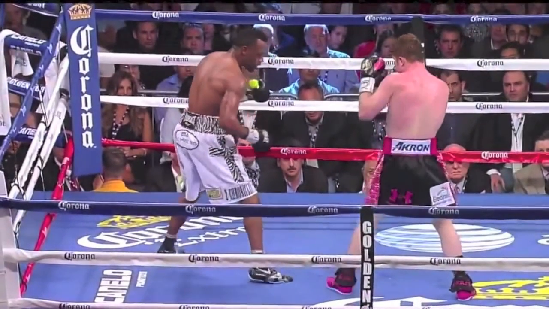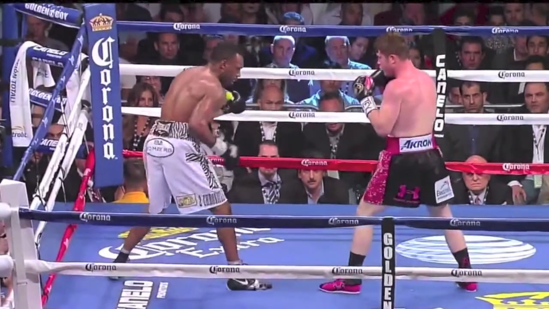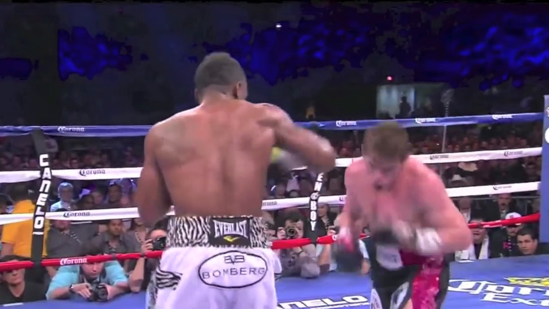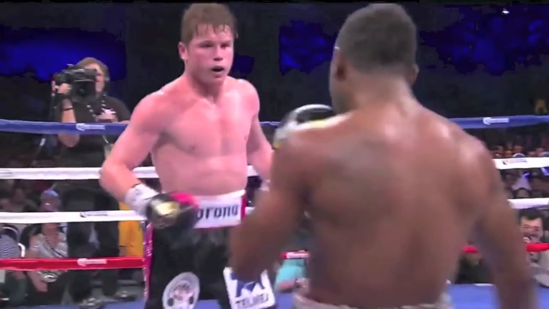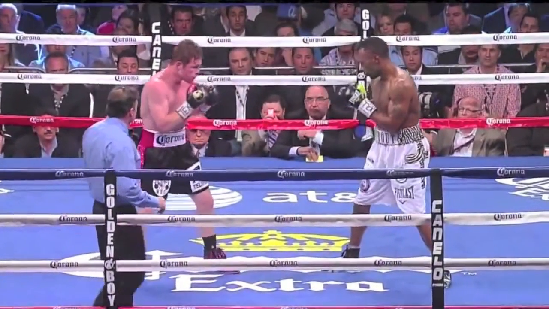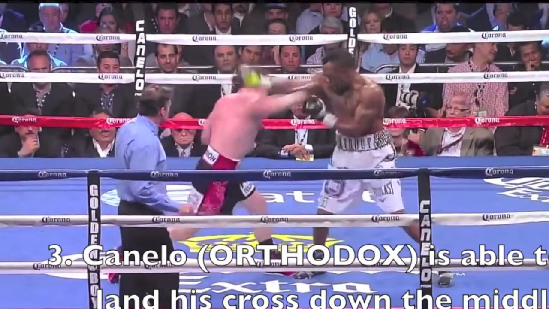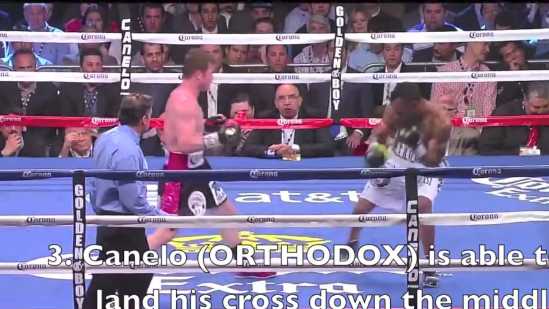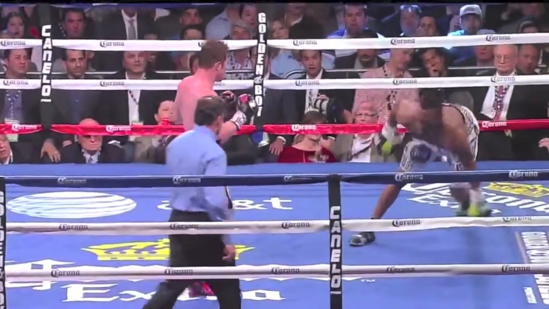But if you've been paying even closer attention, check out Canelo's left leg. Every time he counters with that right cross down the middle, he establishes lead foot dominance. Look where his foot ends up, on the outside of Austin Trout's right leg. By establishing this lead foot dominance using this cross counter, it makes it hard for Austin Trout to land the left cross of his own.